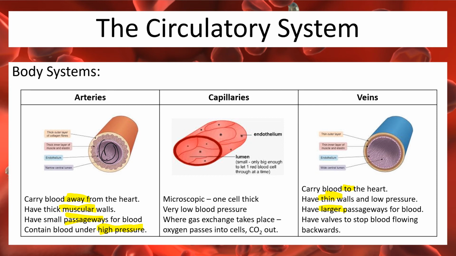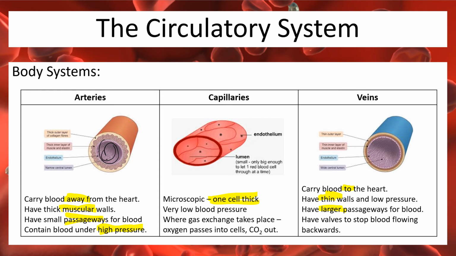So in the middle there I've got our capillaries. Now we've already said they're very tiny, and they are so microscopic that they are only 1 cell thick, and that's because substances have got to go in and out of those capillaries. We're trying to get oxygen to go through the wall of that capillary and into the organs, and carbon dioxide to come back. So they're very, very thin. They only have a very, very low blood pressure.